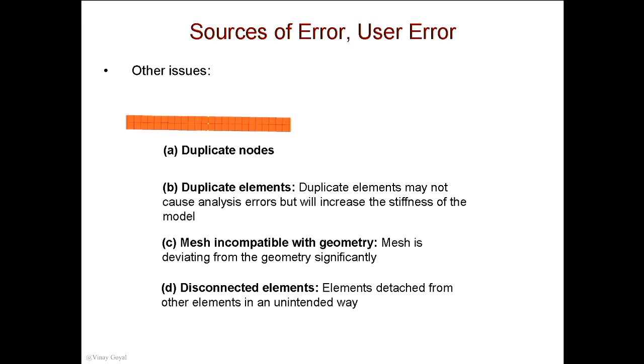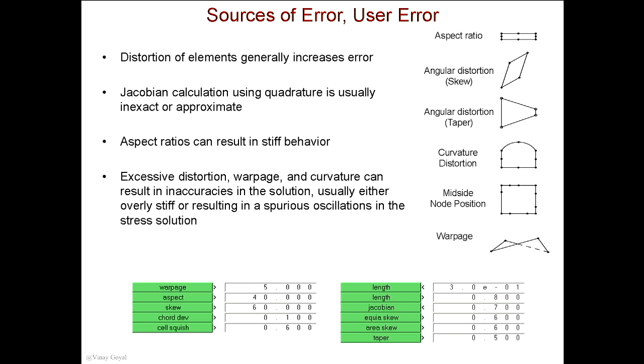The mesh not matching the geometry well, we talked about that, and disconnected elements, which will create a crack. Sources of error can also include elements that are not of high quality. We'll talk a little more in detail about this, but elements can be highly distorted. They'll have a Jacobian that is not well defined, or is ill defined, and the more distortion you have in an element, the Jacobian will be of a value that's not very good for structural analysis.